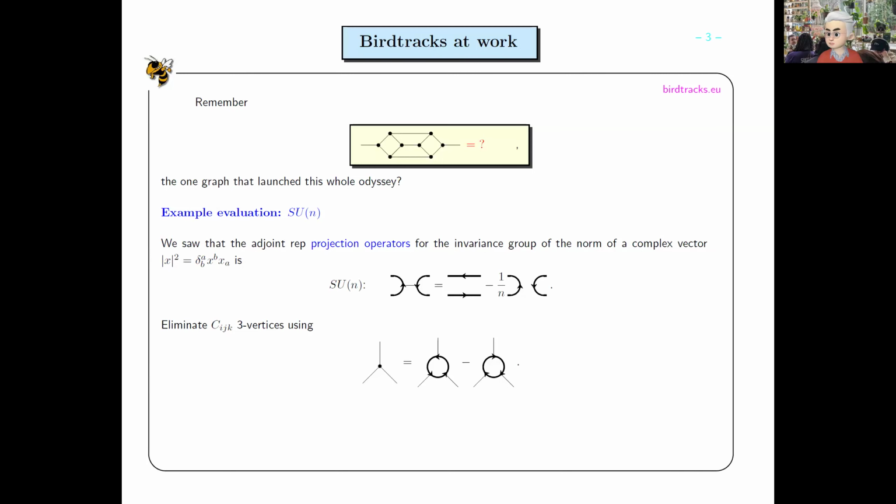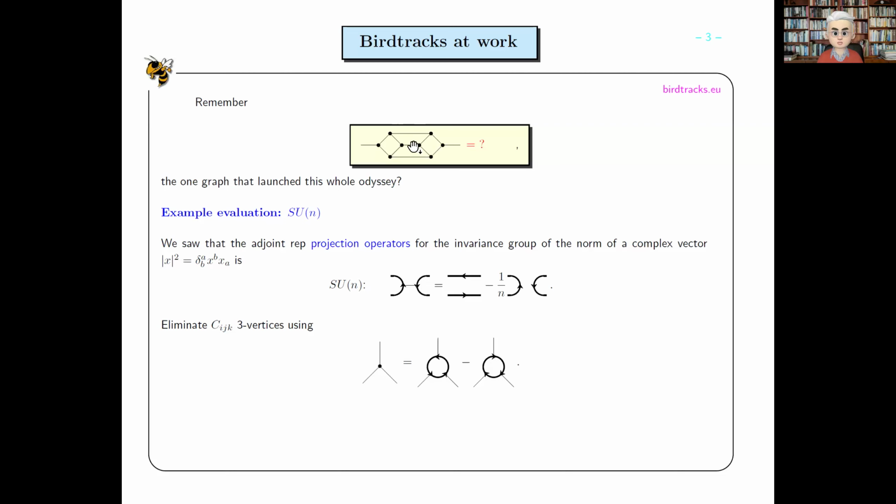So to show how Birdtracks work as a computational method, I'll just work it out for this diagram that we started the discussion with. Suppose the symmetry is SU(N). Then it turns out every time you see a gluon line, you can replace it by a double line minus the trace.